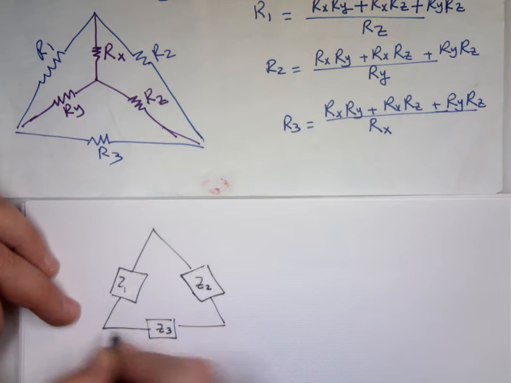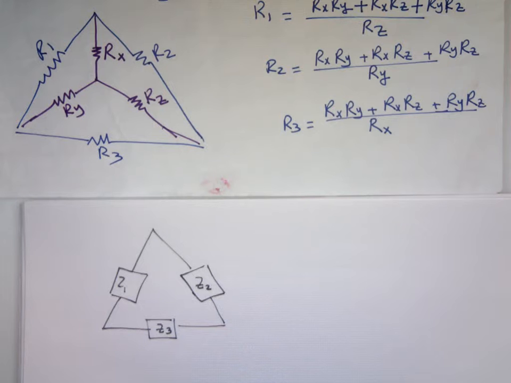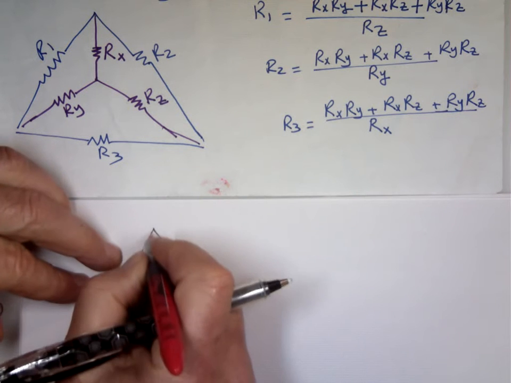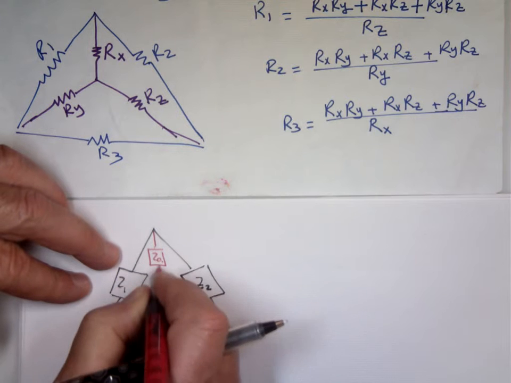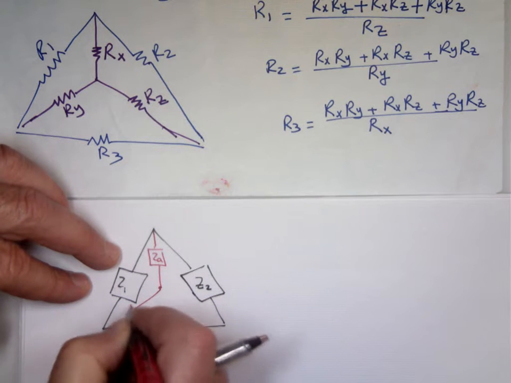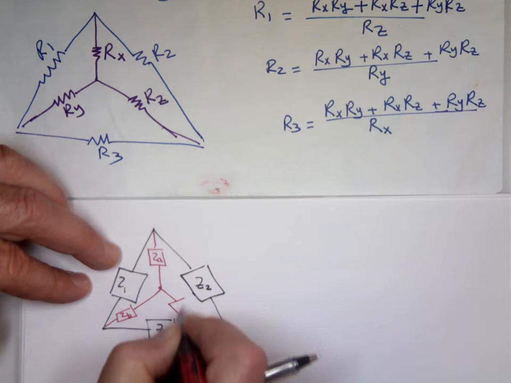In our case, they are equal for that example, but I'm going to give you the equation in general. I'm going to find the equivalent Y value of that. We'll call them ZA, ZB, and ZC.